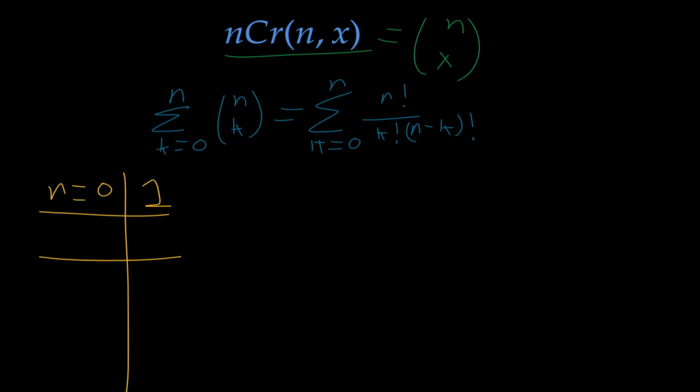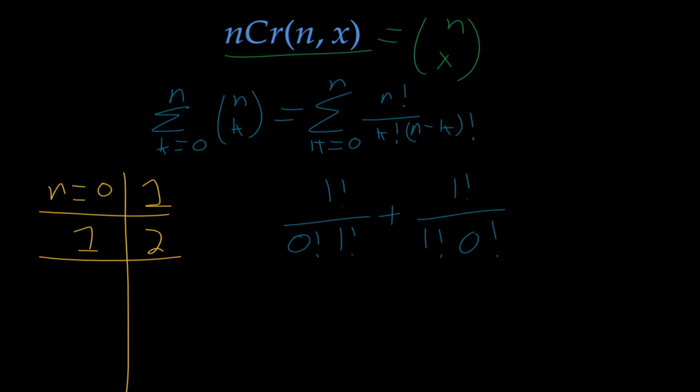We have the sum from k equals 0 to 1. I'll write out the terms: 1 factorial divided by 0 factorial times 1 minus 0 factorial, plus 1 factorial over 1 factorial times 0 factorial. That's just 2.